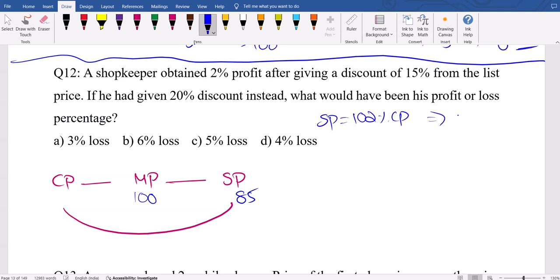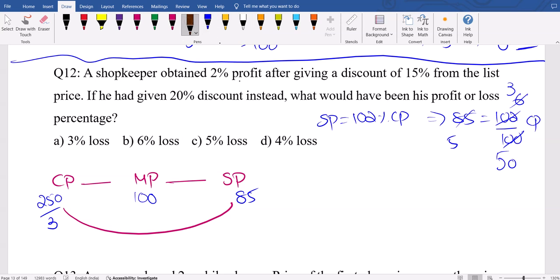Selling price is 85, and 102% means 102 divided by 100. This is 17 5 times, 17 6 times. This is 500 divided by 6 or 250 divided by 3. So cost price is 250 divided by 3.